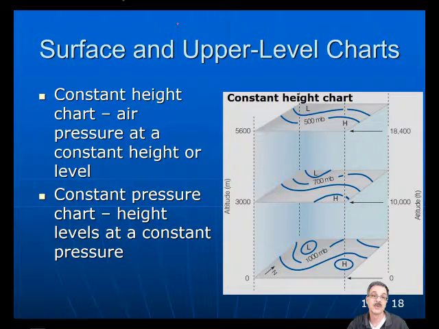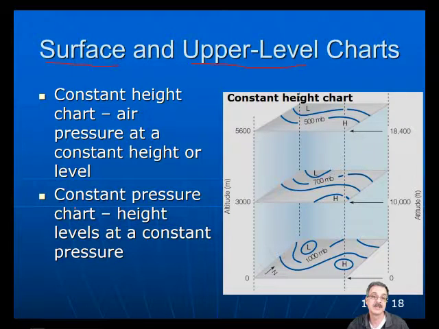Okay, so there's two types of pressure charts, what's called the pressure at the surface and the pressure in the upper level atmosphere. And there's two ways we keep track of those. One is a constant height chart. So what this is, it measures the air pressure at the same level of height across the atmosphere, and you get different readings of pressure.